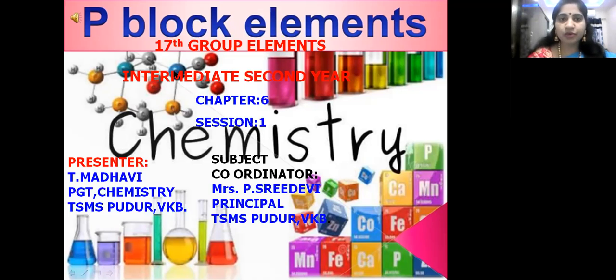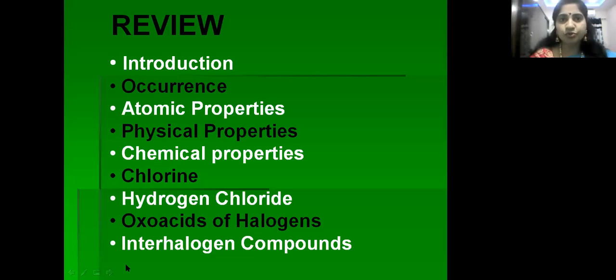So today we are going to discuss 17 group elements in P block. Let us have a look at subtopics in 17 group elements: introduction, occurrence, and atomic properties of these 17 group elements.